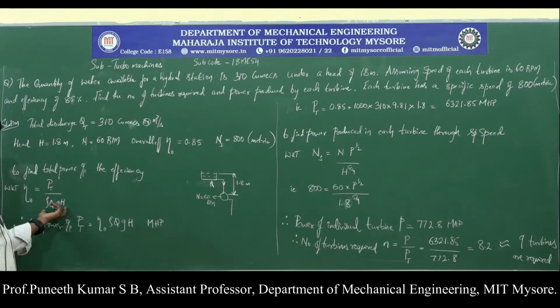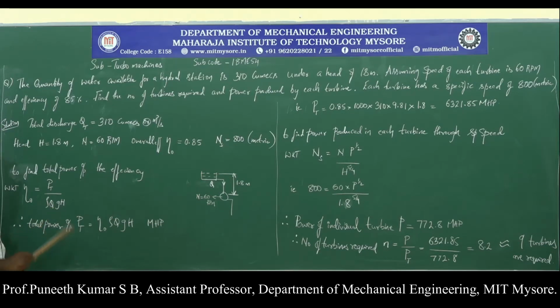This is the theoretical power input to the entire hydro station, and this is the actual power output inclusive of all the turbines. Here the overall efficiency has been given. The density of water should be known, that is 1000.